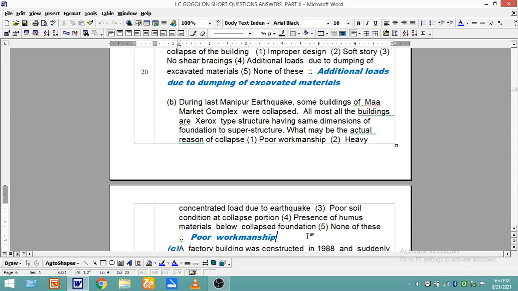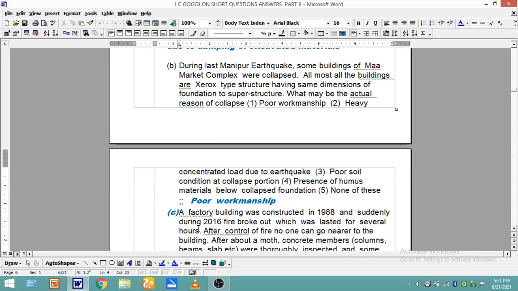So there may be some other reason for this, but there was some poor workmanship. Some buildings collapsed. In these Xerox structures, all the buildings have the same design, one design throughout the market, so same dimensions. So there is no question of anything else.